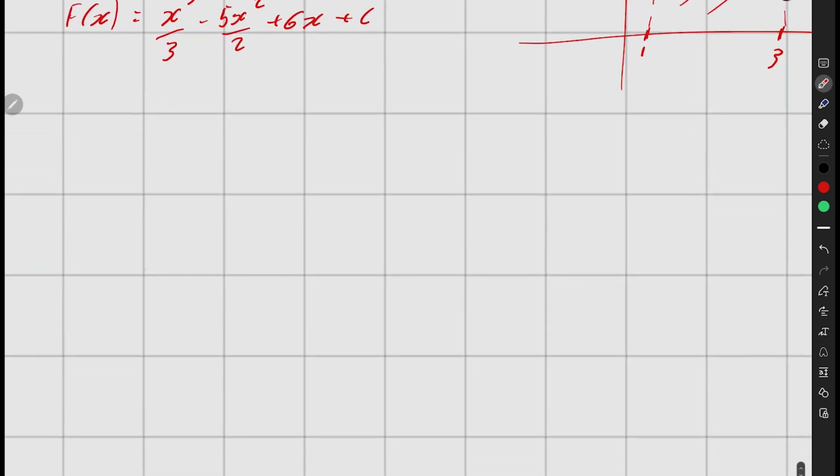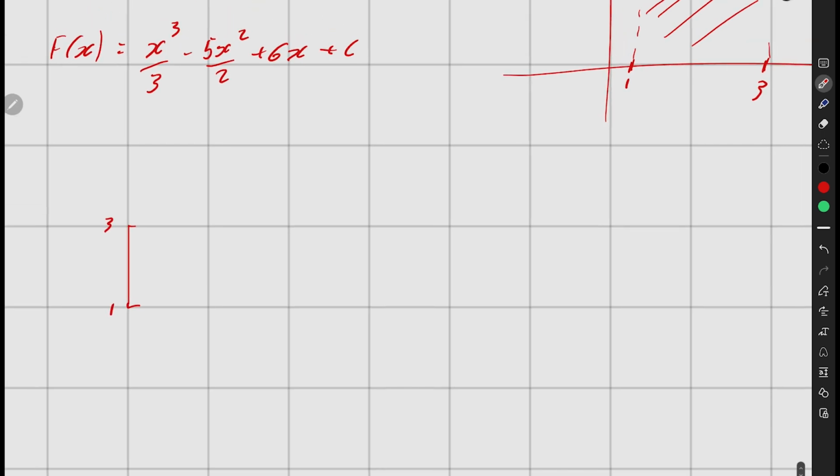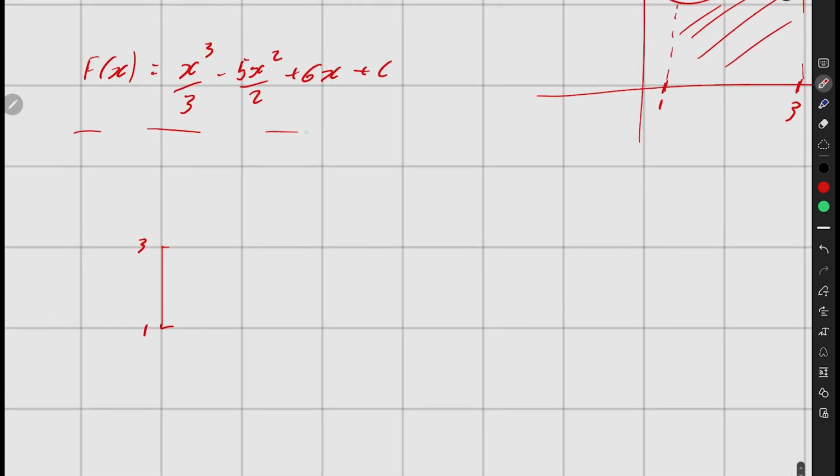So what we need to do next to find the area, we need to add in some square brackets, alright? So we're going to be looking at 3 and 1. So the idea is we found our integral. We're going to be looking at substituting 3 into this equation, and then we're going to do the exact same thing but substituting 1 into the equation.